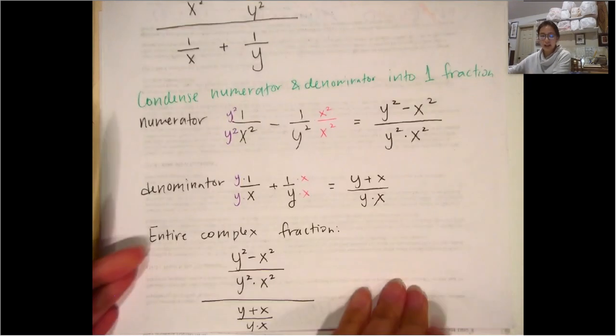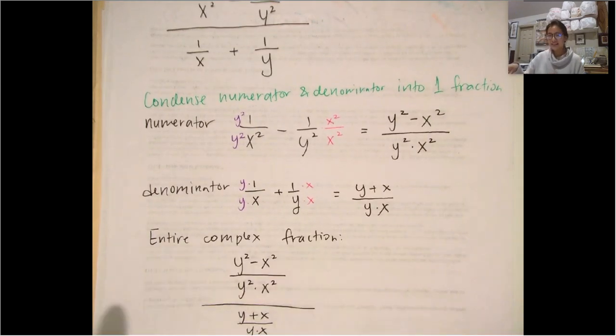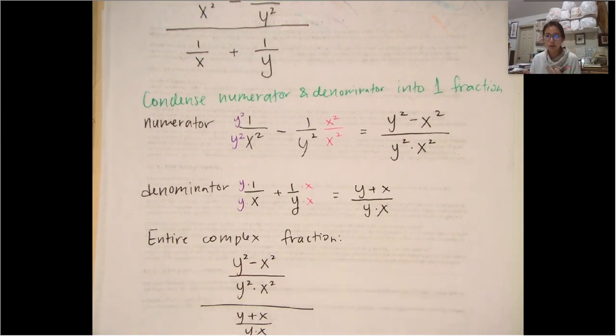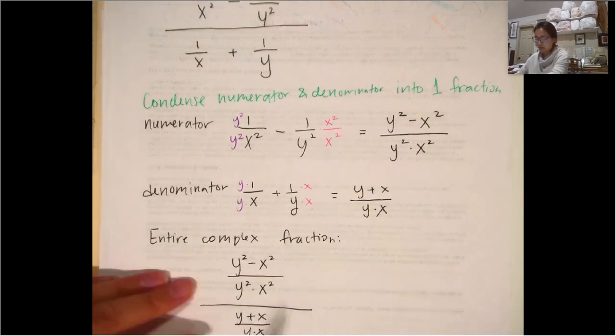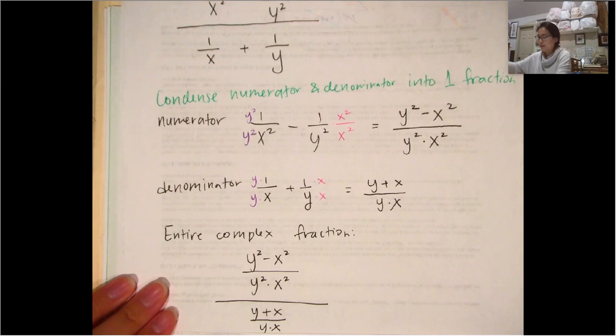Okay, so something we didn't have to do before that we have to do now is that since you multiplied stuff out and you got a quadratic here, you have y squared minus x squared, so you have something that can be factored, you should at this point factor everything again. So if there's anything that's not factored at this point in the process, you should be factoring again. So factor everything.